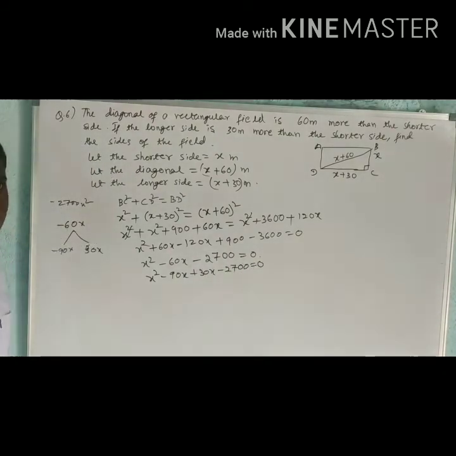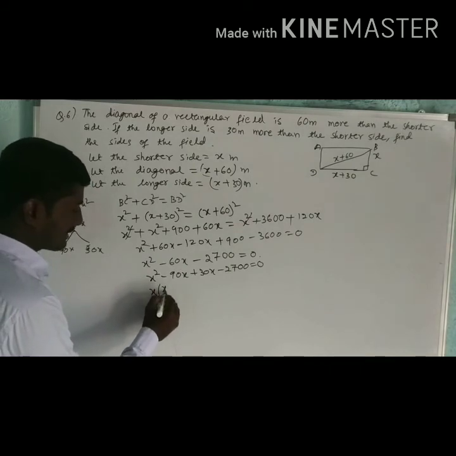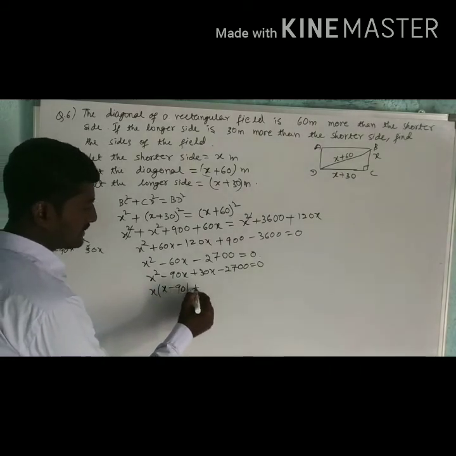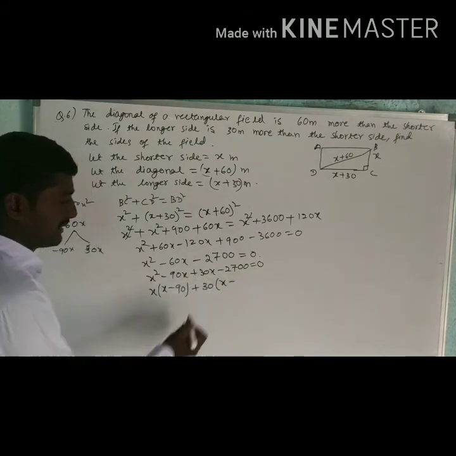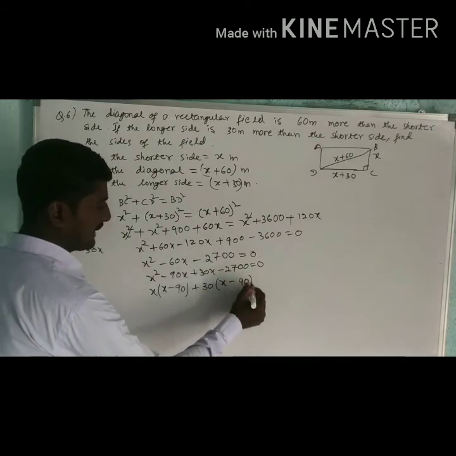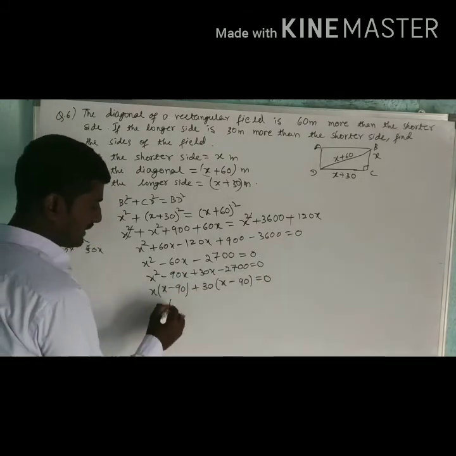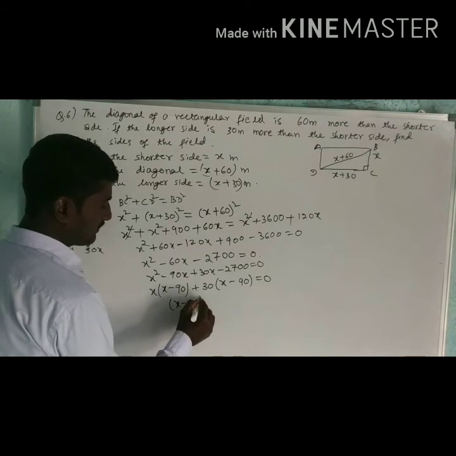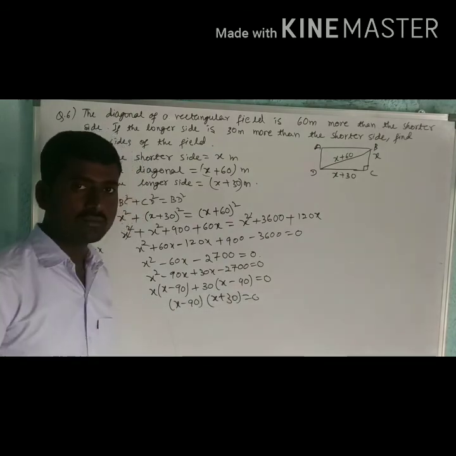Now here, take common in these two. x I will take common: x minus 90, plus here I can take common 30: x minus 90. Now x minus 90 take outside, inside x plus 30. x plus 30 is equal to 0.